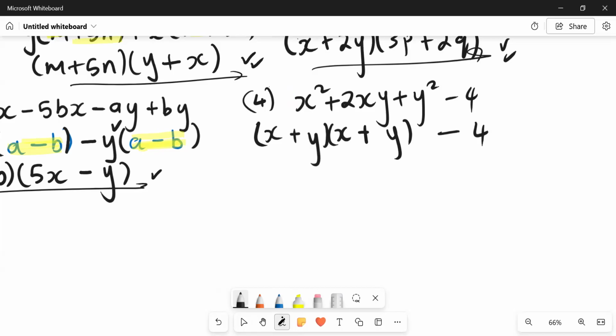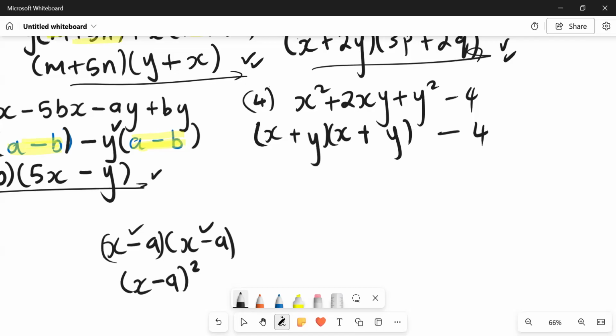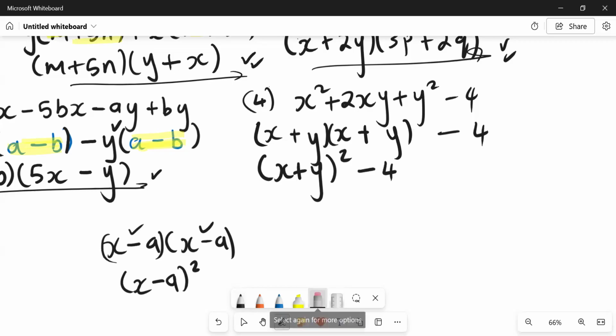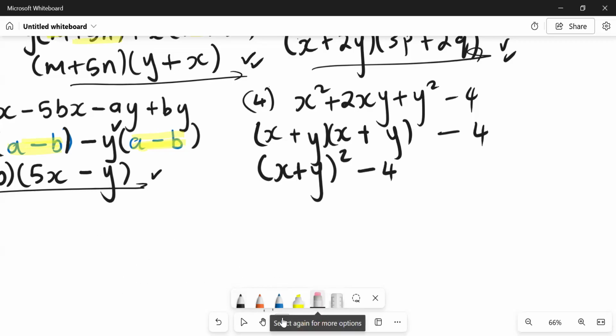If you have x minus a and x minus a, there's another way of writing this: x minus a squared, because multiplying the same bases, you add the exponents. So we apply the same thing here. You'll have x plus y all squared minus 4. I hope it makes sense.